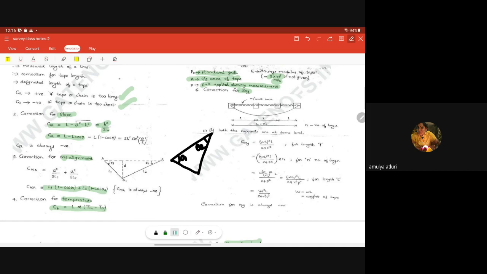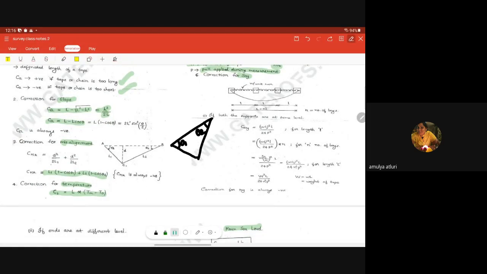If both supports are at the same level, then my C sag is equal to WL whole square into L divided by 24 P square. What is this WL? Yes, this WL is nothing but the self weight of the tape.